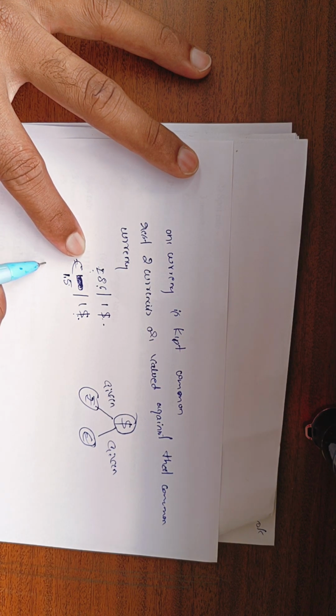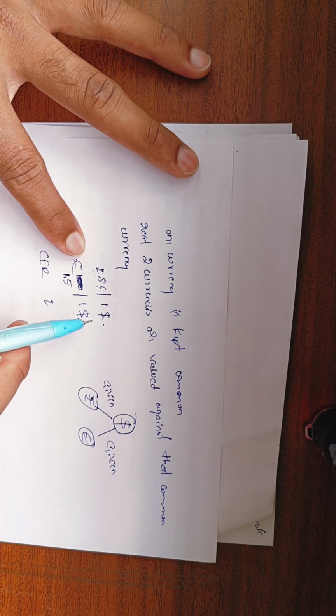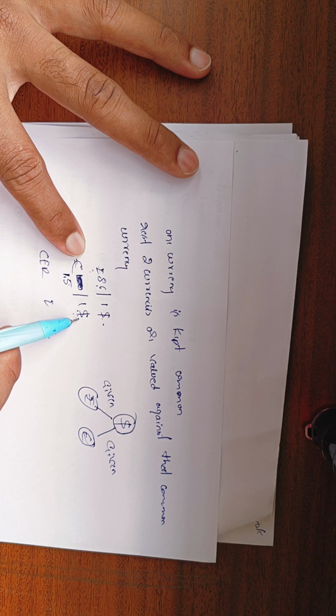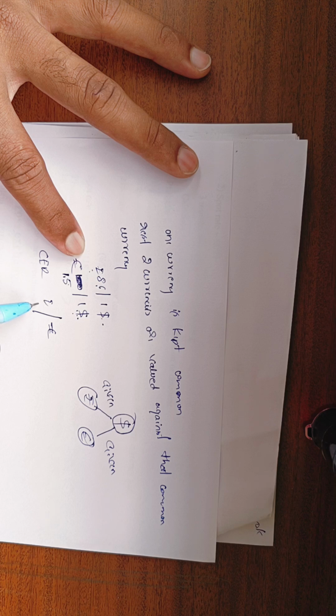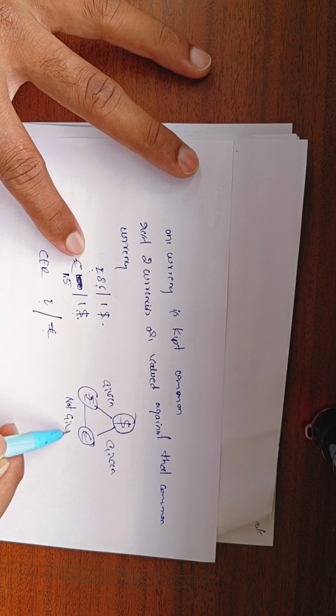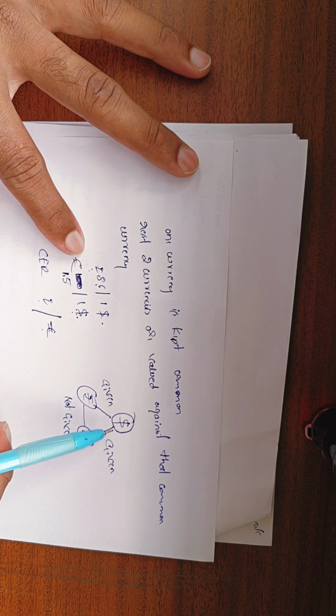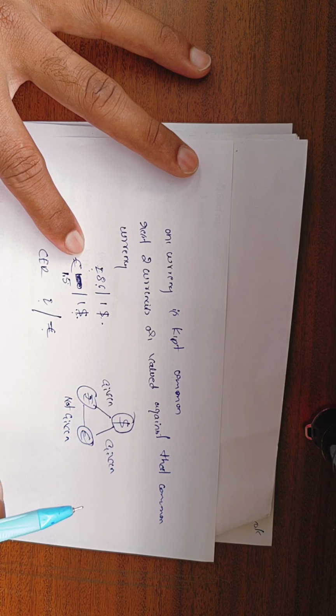And we need to calculate the cross exchange rate for rupee and euro. Keeping the dollar common and valuing the other two against this common currency, we need to calculate the cross exchange rate between rupees and euro. This rate is not given. We know the exchange rate between dollar and rupee, and between dollar and euro, and we need to calculate the exchange rate between the rupee and the euro.